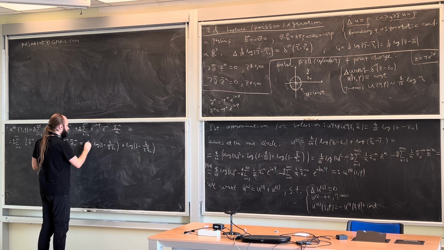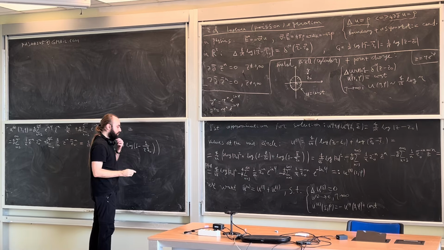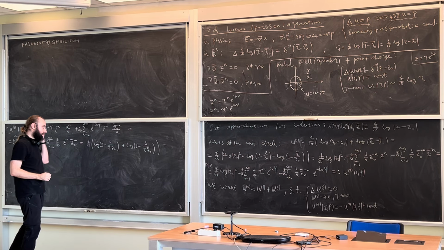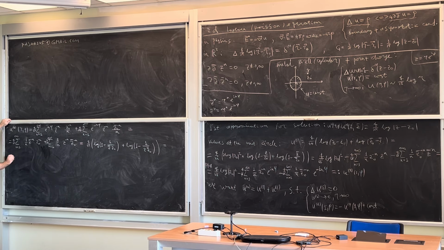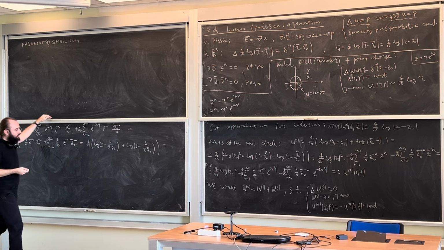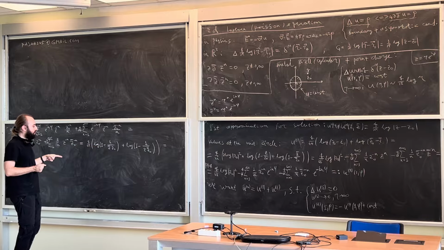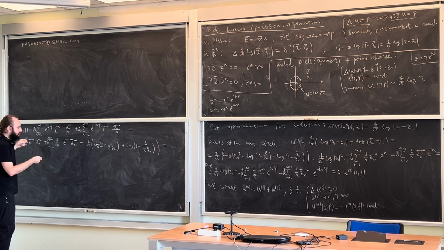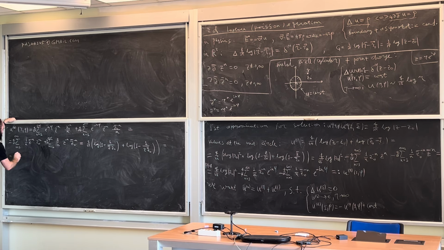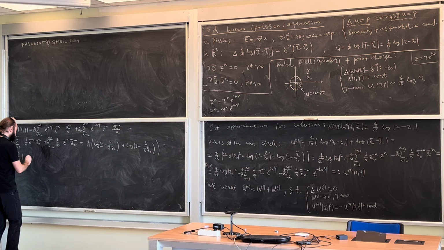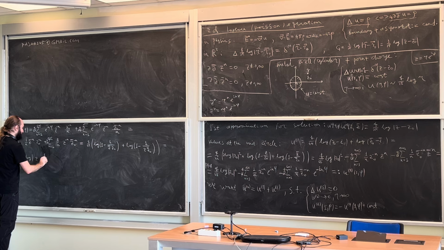And overall prefactor q over 4 pi. So if you want to write it as a logarithm of differences, then we can write it as q over 2 pi maybe, absolute value of z minus 1 over z0 bar.